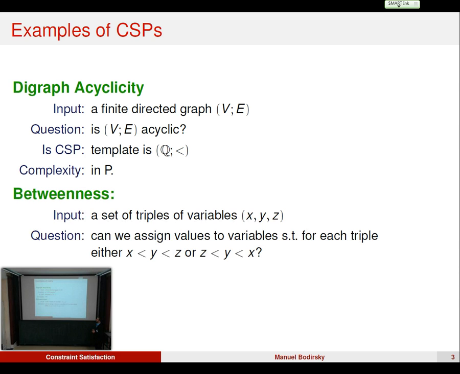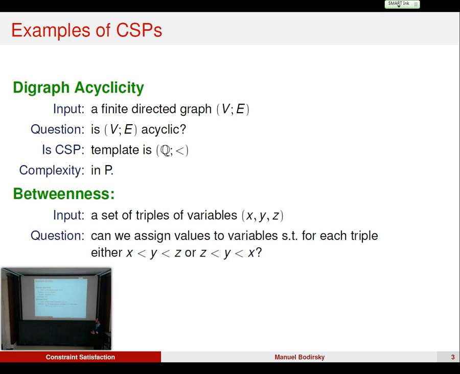But now, a slight variation. We are interested in the following computational problem. This time, the input consists of triples x, y, z, and we would like to assign values to those variables such that for each given triple, the middle element, y, is in the middle with respect to the assignment.